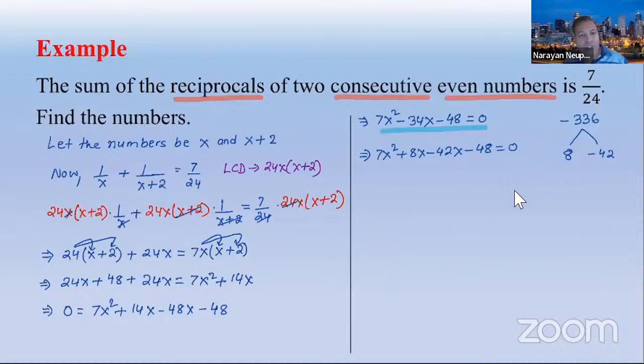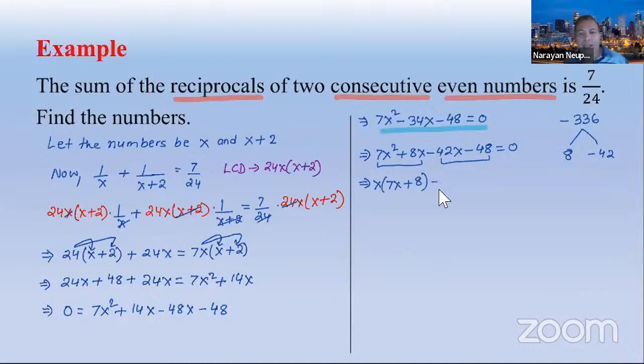Now, when we have 4 terms, we make 2 groups and factor. In the first group, you have 7x squared plus 8x, so the common factor is x. x times 7x is 7x squared, x times 8 is 8x. In the second group, there is a negative sign, so you factor out a negative number.